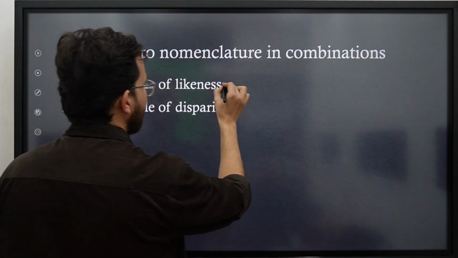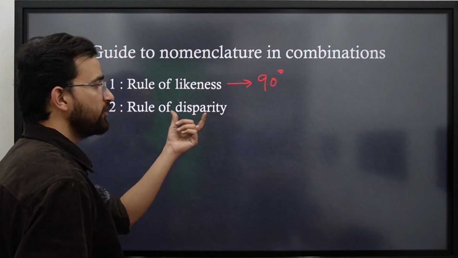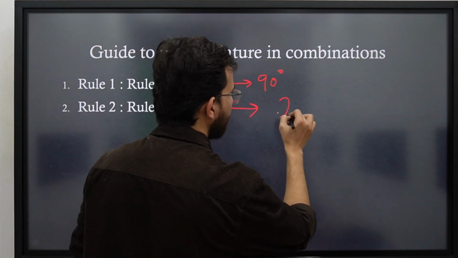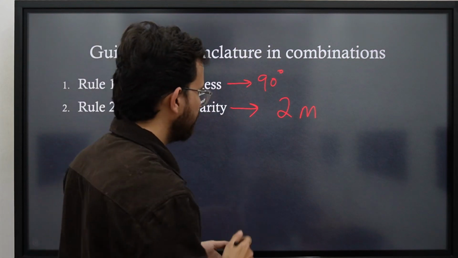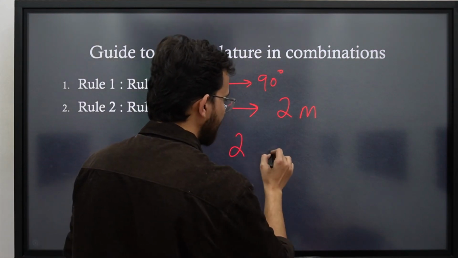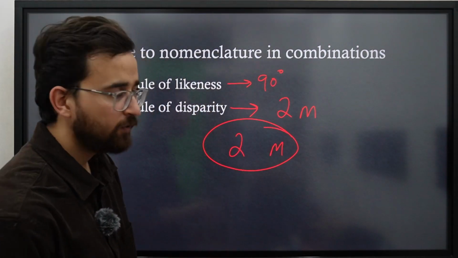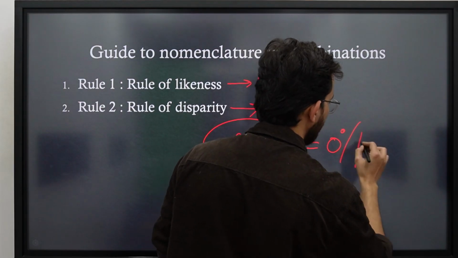So if the rule of likeness says the angle is 90, what would be the rule of disparity? The rule of disparity applies if you combine a letter with a number. Let us say you are writing 2m. So you have a 2-fold rotation and you have a mirror plane. What is the angle between these two? The angle is 0 degrees, or parallel.